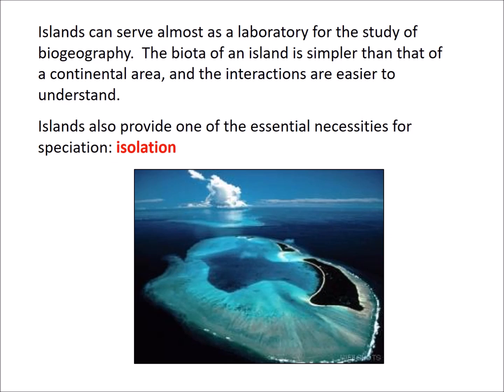Do you draw the border around a forest, around a province? An island, it is very easy to know where the borders are. And most importantly, islands are isolated, and you need isolation for speciation to occur. And this is why a lot of the theories related to evolution were actually developed by looking at island chains.